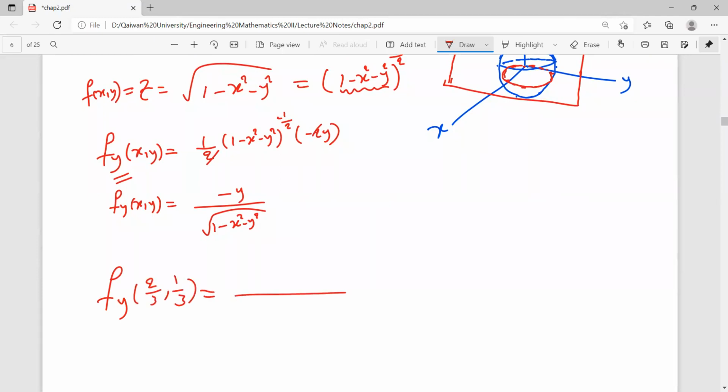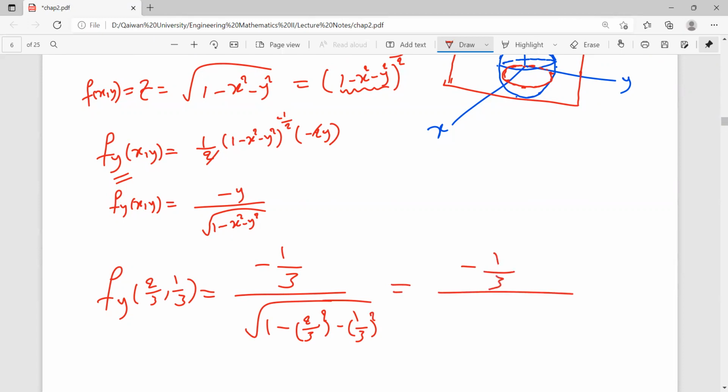It equals negative 1/3 divided by the square root of 1 minus 2/3 squared minus 1/3 squared. 2/3 squared is 4/9, and 1/3 squared is 1/9.